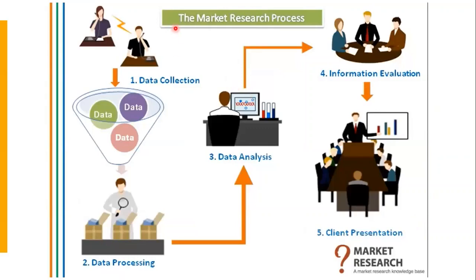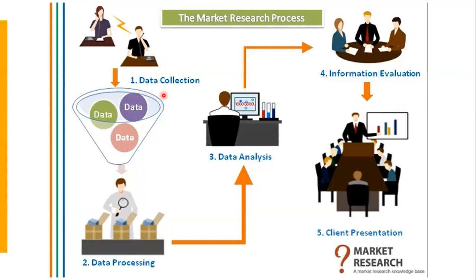Okay, how many steps do you see in this picture? 5, right? Make sure you are taking notes of these 5 steps. What is this? This is a market research process. It's only 5 steps.